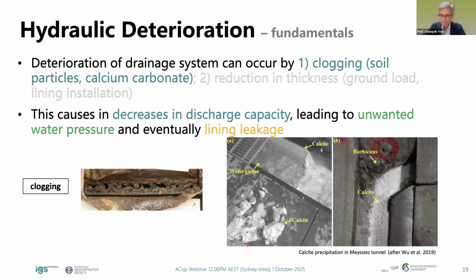That groundwater flow can carry soil particles and calcium carbonate. So if the drainage system is clogged, as you can see on your left, by soil particles or calcium carbonate, then we have a problem known as clogging. When clogged, unwanted water pressure behind the lining will develop.